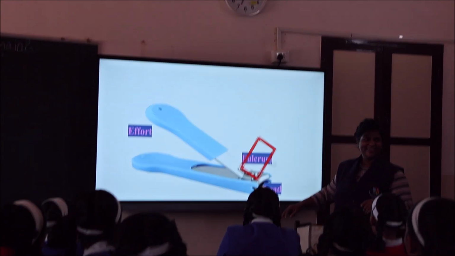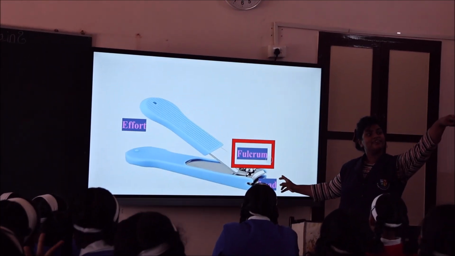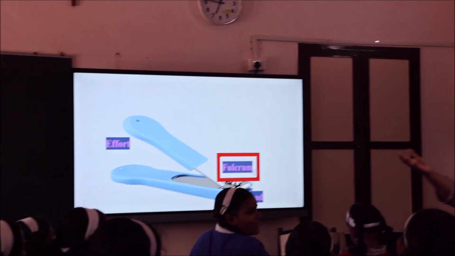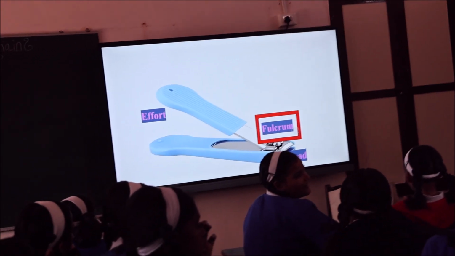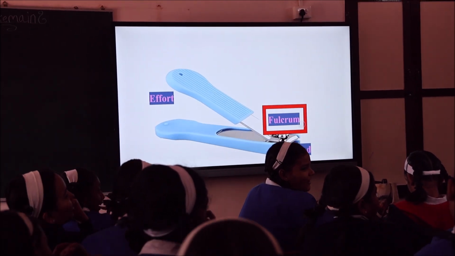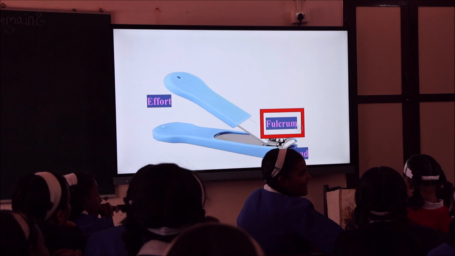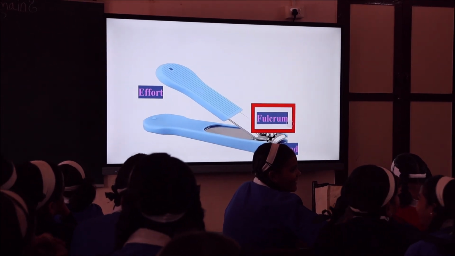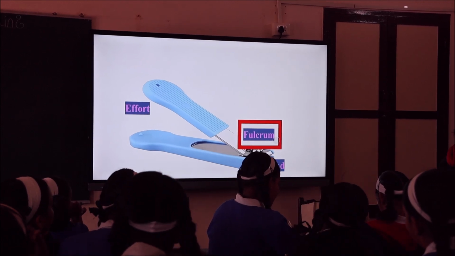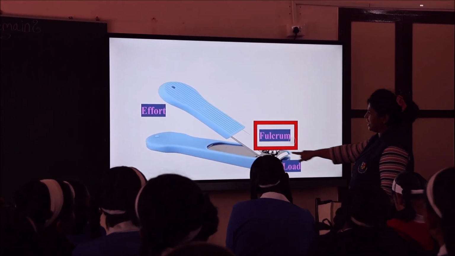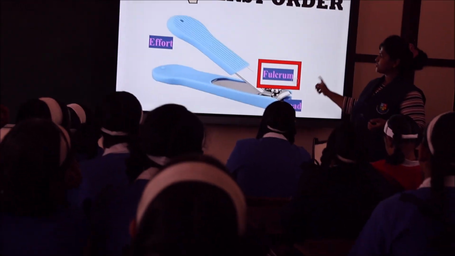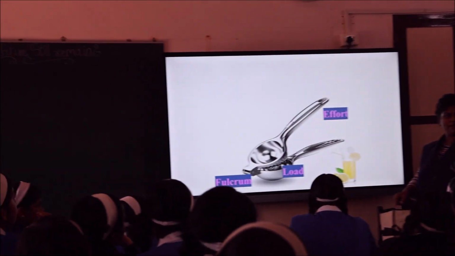Fulcrum in the center. Second order. Fulcrum in the center. First order. Who is in the center? Understood? Okay. So, fulcrum in the center. First order. Next. My baby is ready?